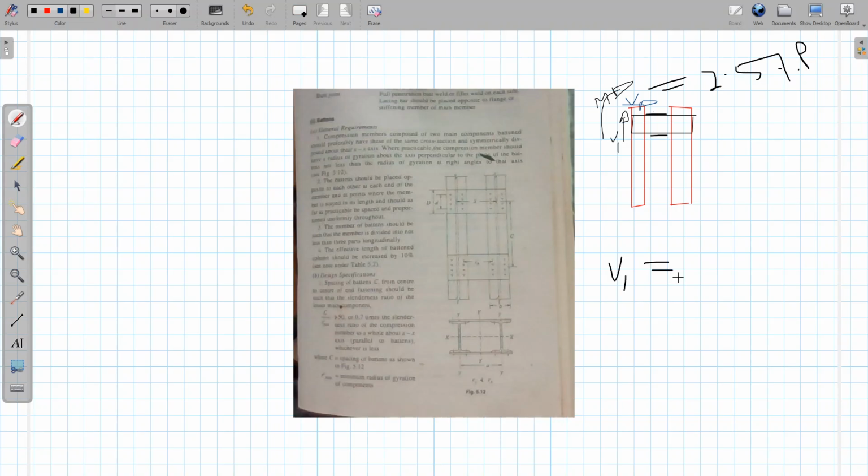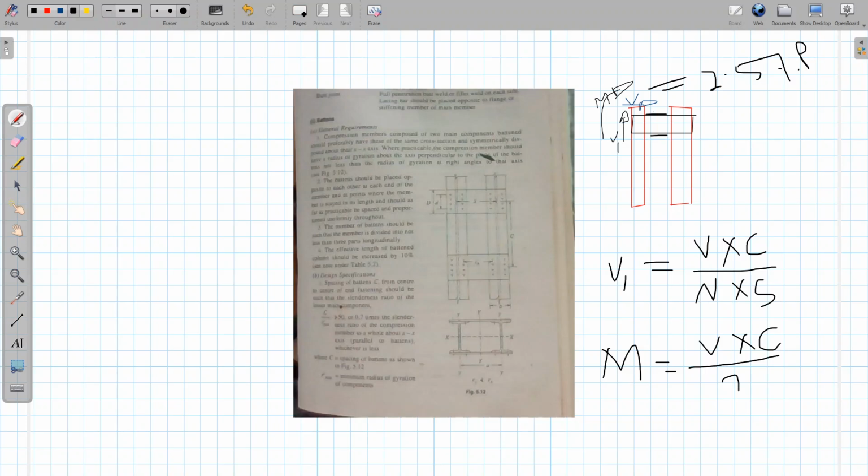I am saying directly that this V1 will be equal to V into C divided by N into S, and the value of this moment M is equal to V into C divided by 2N.